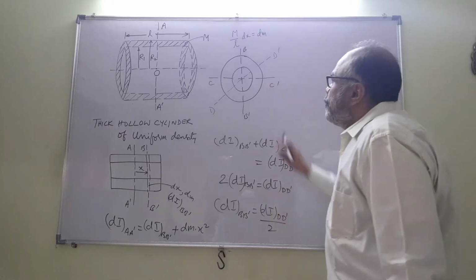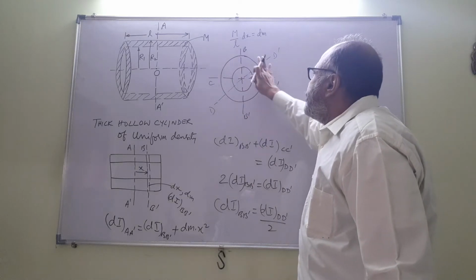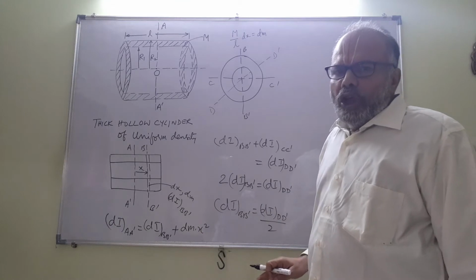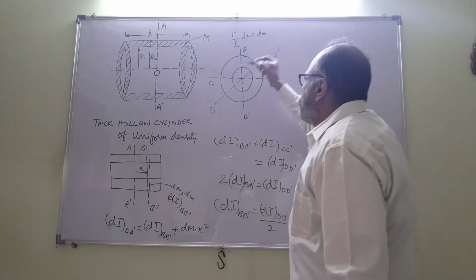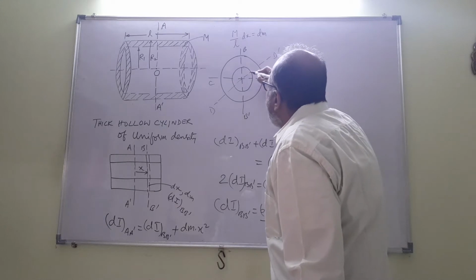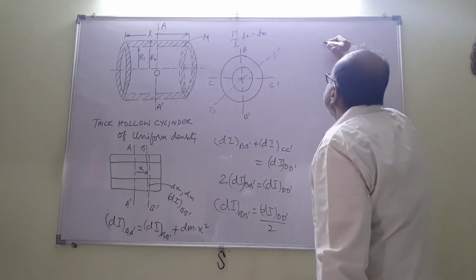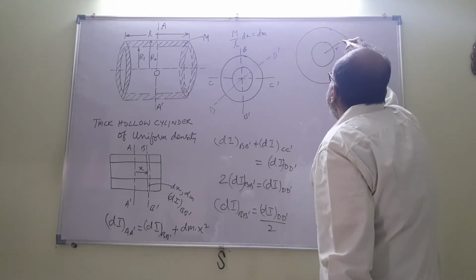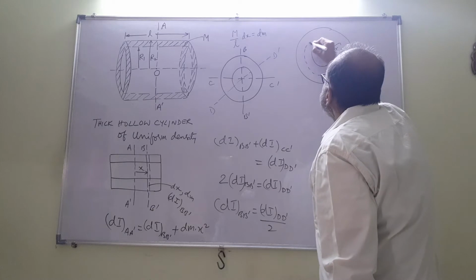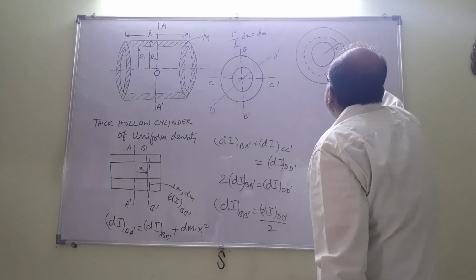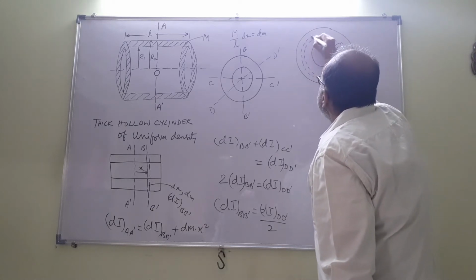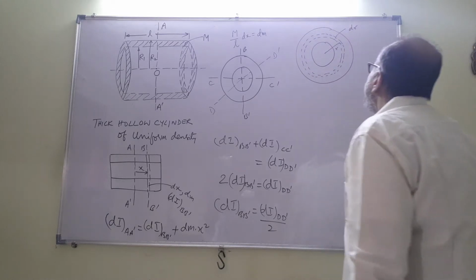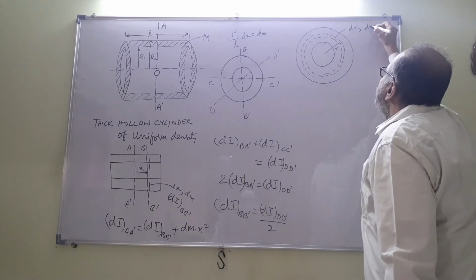To do that, we shall divide this annular disc into several thin infinitesimal concentric rings. Supposing we show one of those rings at a distance r, and let us say the thickness of this ring is dr, and let its mass be dm dash.